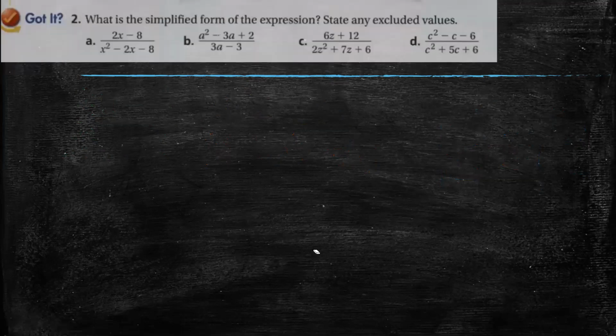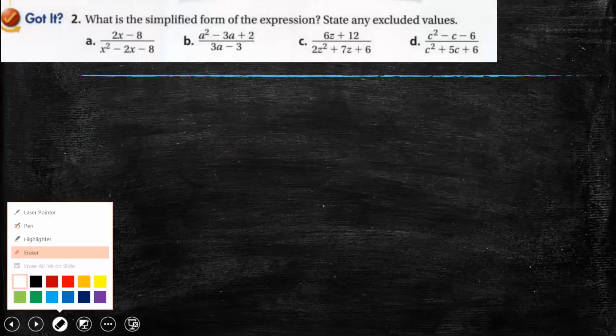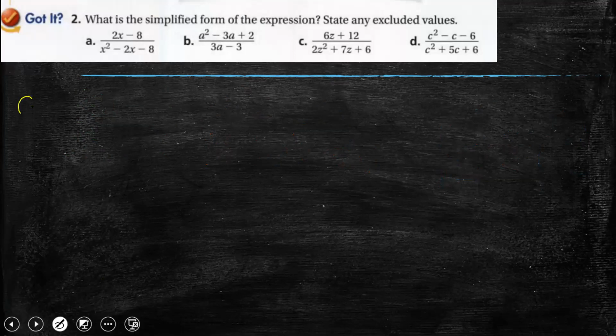Let's have now another example here. 2x minus 8 over x squared minus 2x minus 8.